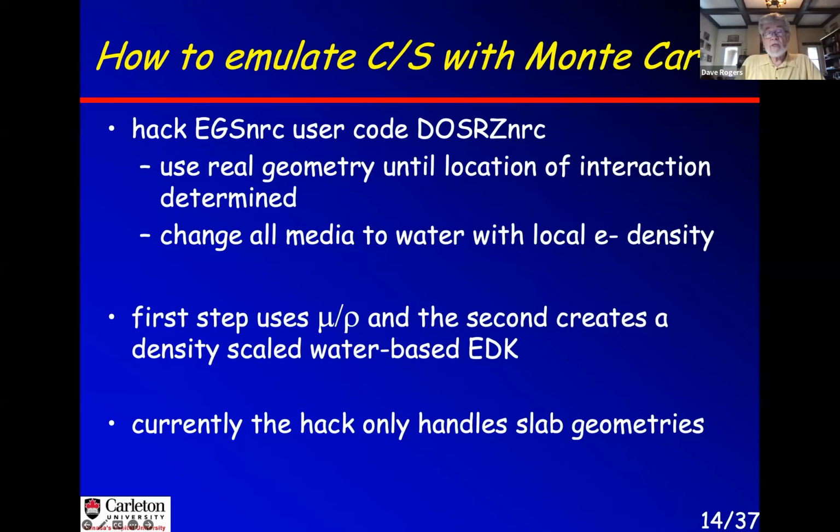So this was basically scaling the energy deposition kernel calculation, and this was getting the terma part of the calculation correctly, and is what we say here. And this is just a very simple hack of the code, and it only handles slab geometries. It's not meant to be a general purpose duplication of convolution superposition.